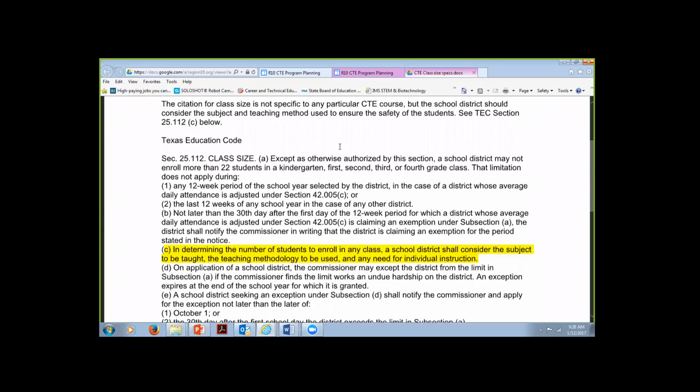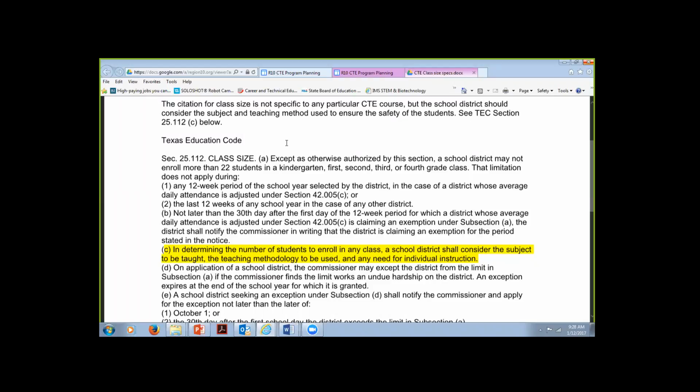But I would dare say 14 to 16 and around 22 for principles classes, 14 to 16 for classes that are lab-based for safety purposes. The other thing is to consider the class space size itself.